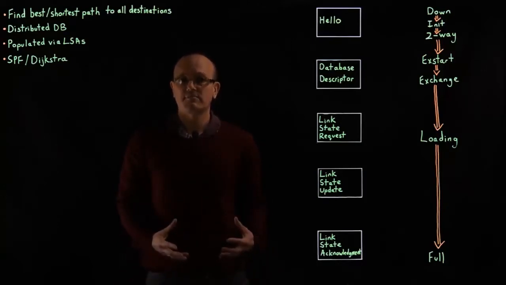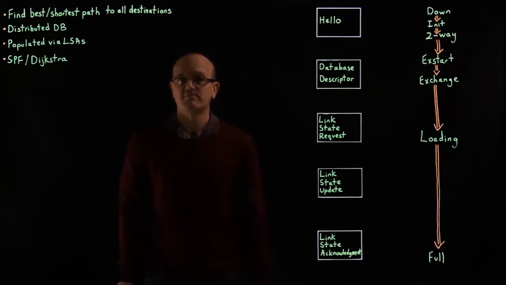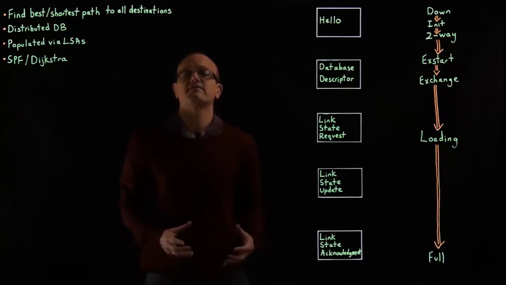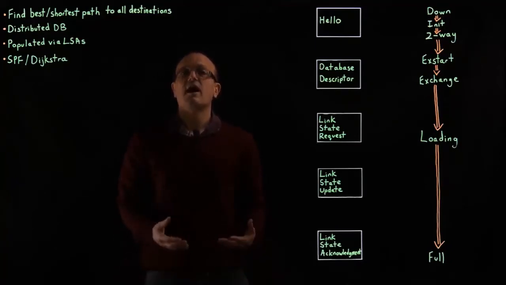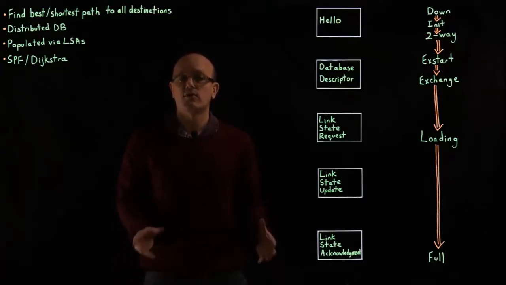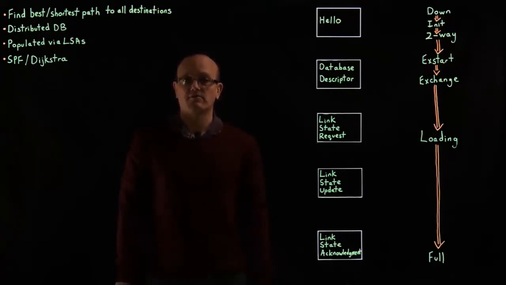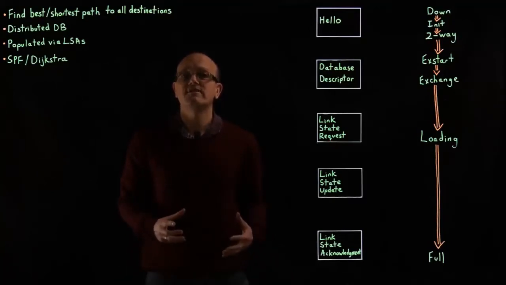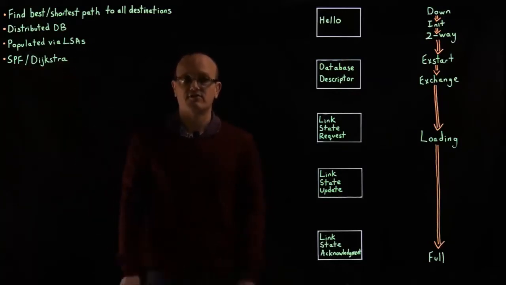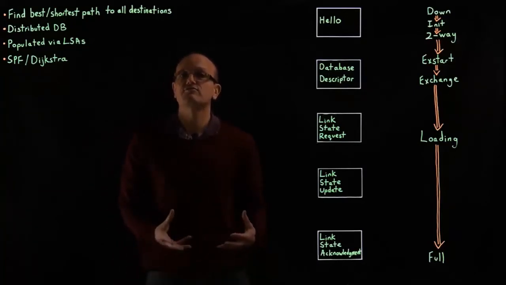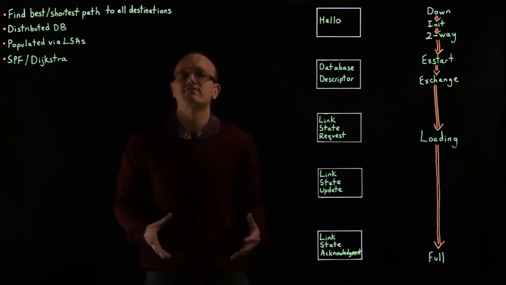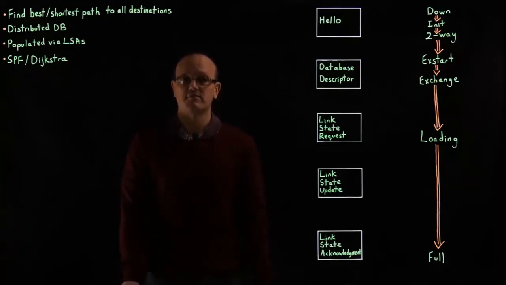Well, we can think of OSPF as a distributed database system. So each router that's participating with OSPF is going to have a database of IP destinations within the network that's configured to speak OSPF. And these distributed databases are populated using link state advertisements. Link state advertisements, there are many different types, but their core function is to describe networks that are present within the given OSPF domain.